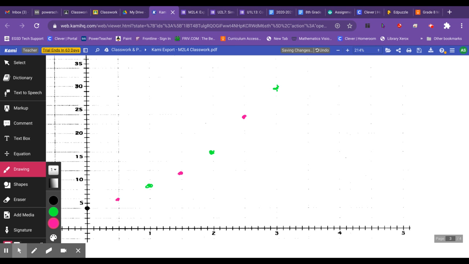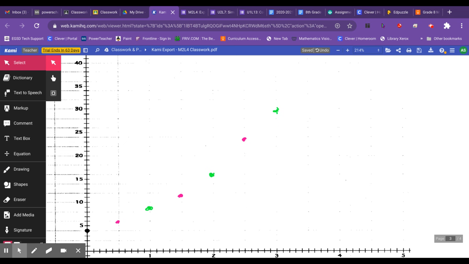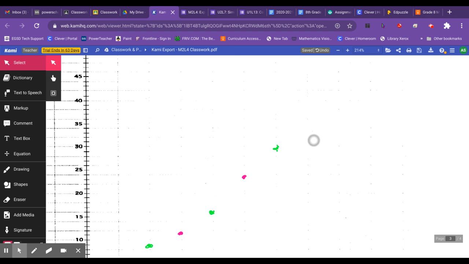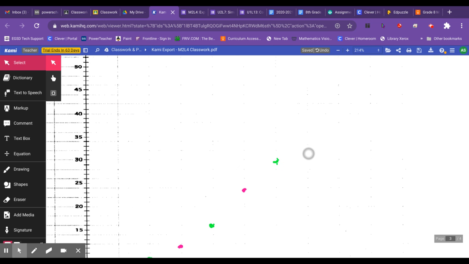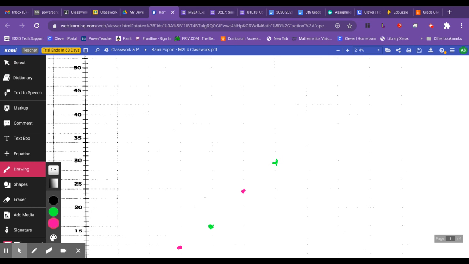Oh, that one seems a little off. Those two don't seem too bad. And 3.5, which is kind of this darker line here, was at 48. So if I can keep track of that line, 48 is about right here. Oh, I didn't put my, where's that?